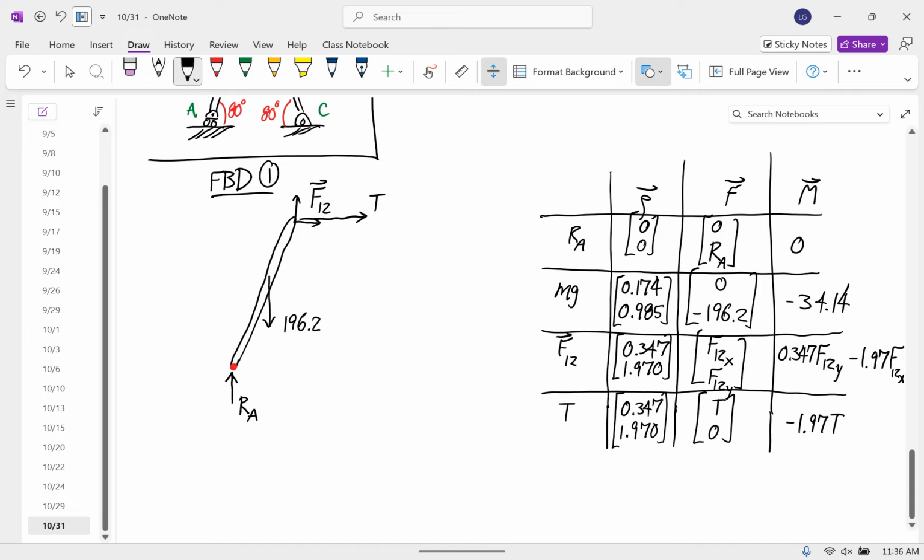Anybody have any questions about any of those calculations? Where is the weight located? It's at the midpoint. Since this thing has a length of 2, and this angle is 80 degrees, you can do that as just 1 times cosine and sine of 80.